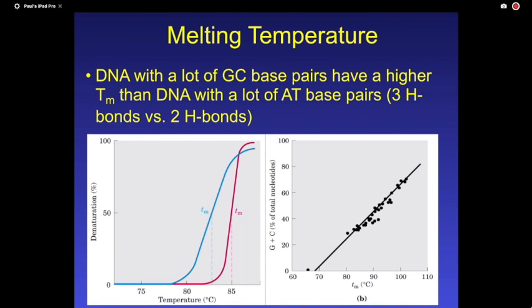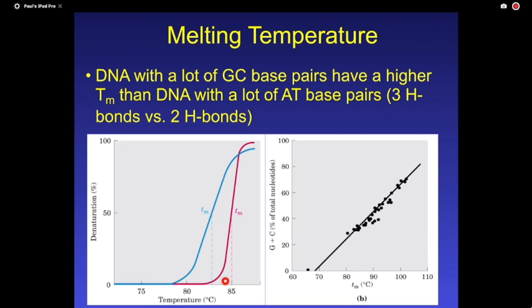You can see that in terms of the melting curves. Here you've got temperature. Lots of integrity, nothing is breaking apart. But as soon as you get to a certain temperature, it doesn't take long, maybe 5 degrees for this one, before it totally denatures.